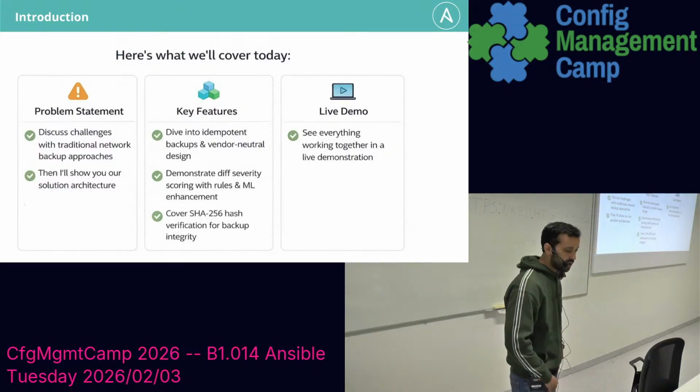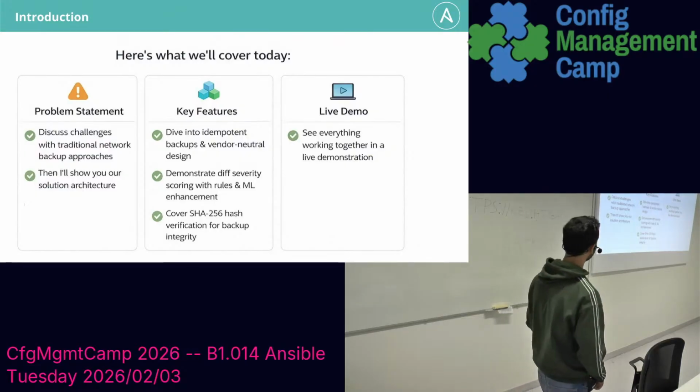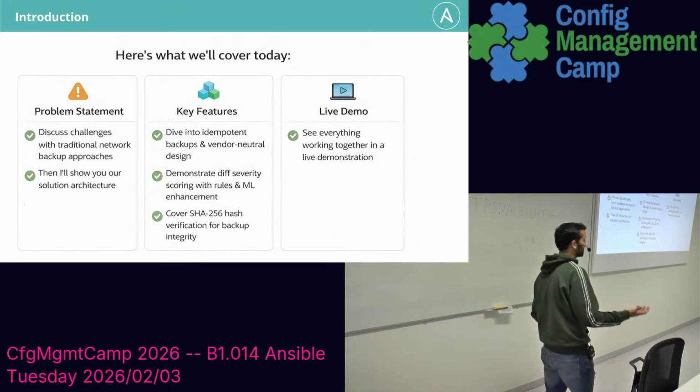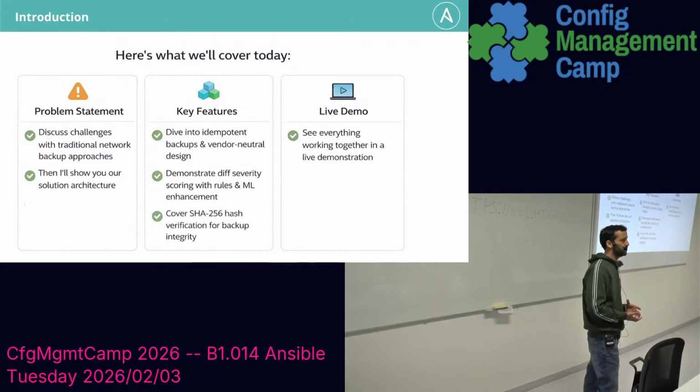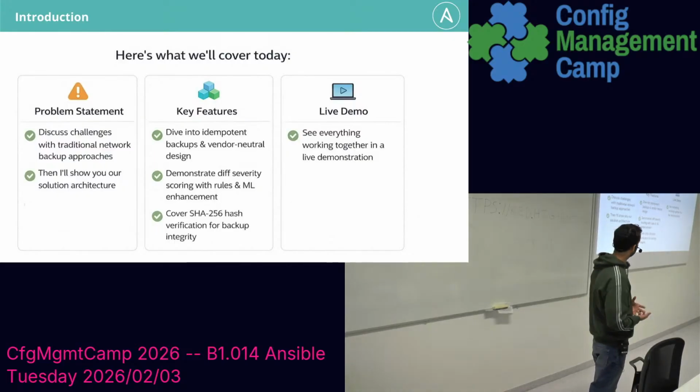Okay, so here is what we will cover today. One is we'll discuss the challenges with traditional backup approaches. Then I'll walk you through the solution architecture we are proposing. And then some key features which I just mentioned around idempotency and diff severity scoring, based on which you can trigger certain workflows as well.